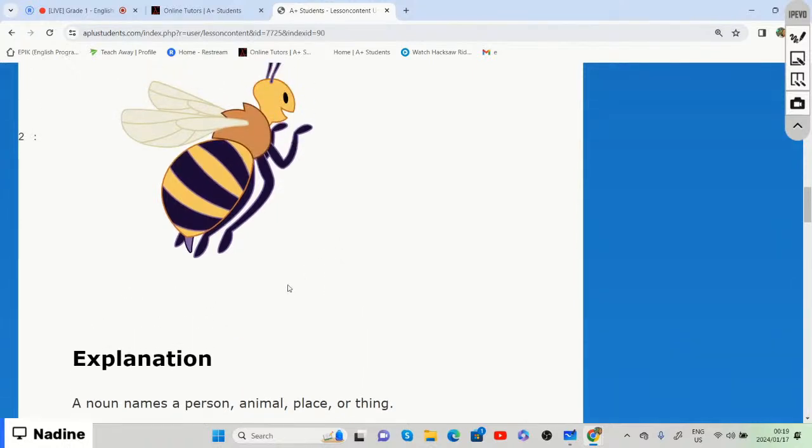So basically, this is one bee, which means that we don't add an S, we don't add an ES. It just stays the same. Remember, we only add an S or an ES if we are showing something that is more than one, right?